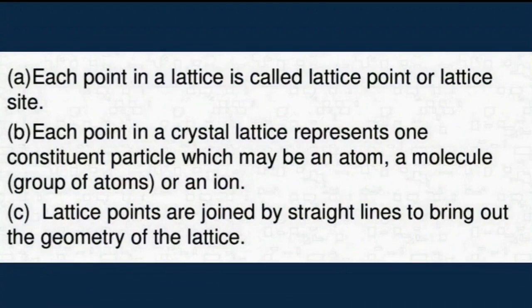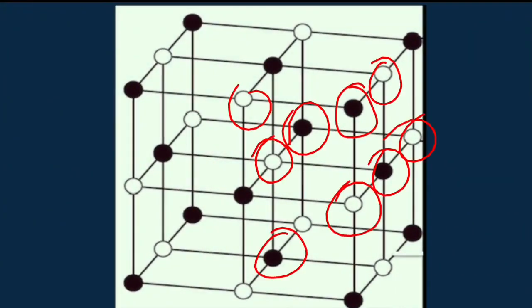Now the third and last point is, lattice points are joined by straight lines to bring out the geometry of the crystal, just like how you do in your cartoon books. When you join the dots, you get the shape of that image.